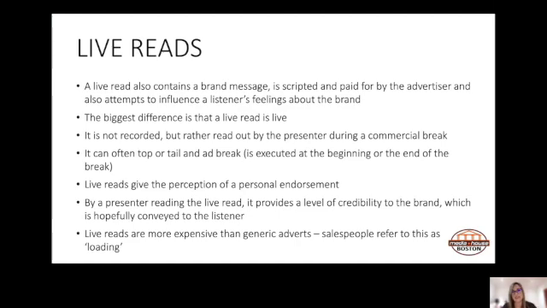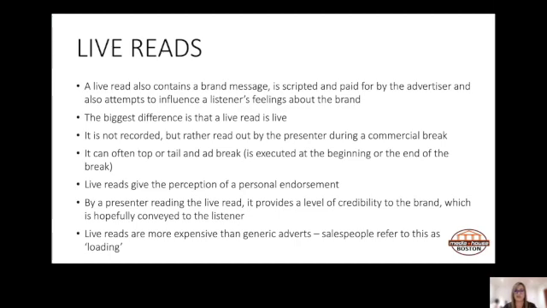By harnessing the essence of radio, that's to say our personal relationships between the listener and the presenter on air, advertisers can now build a rapport. Okay, so the advertisers can start building a connection between a brand and its desired audience.